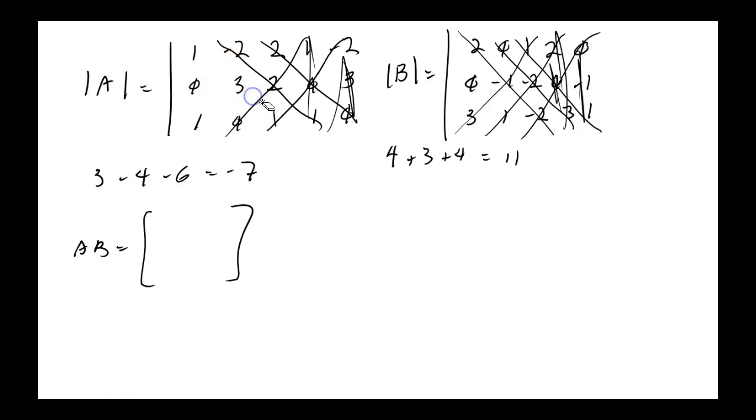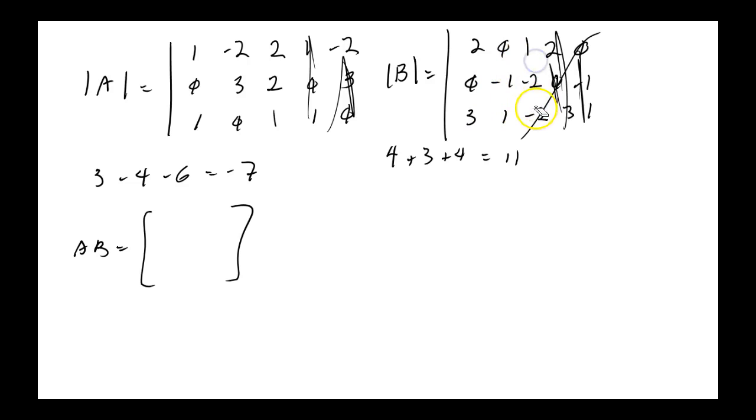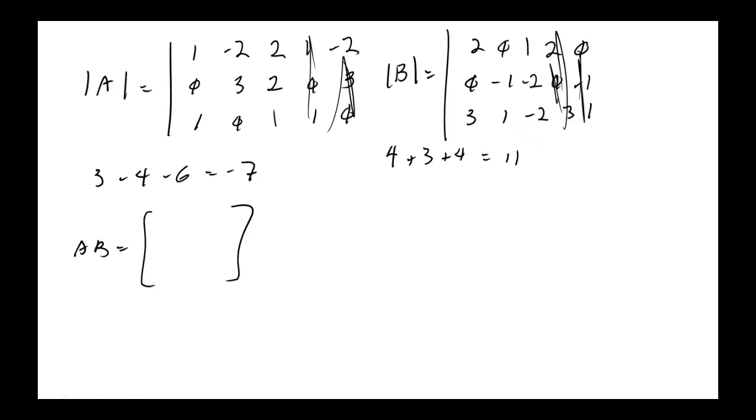Yuck. Okay, so let's just multiply these two matrices together. It's going to be a 3 by 3 because 3 by 3 times 3 by 3 is 3 by 3.